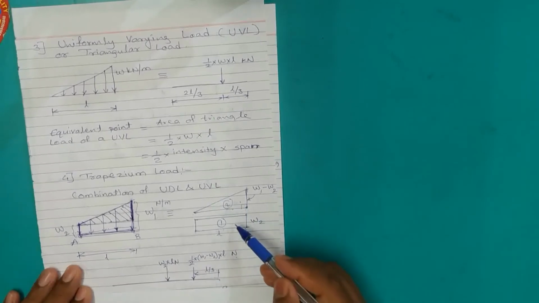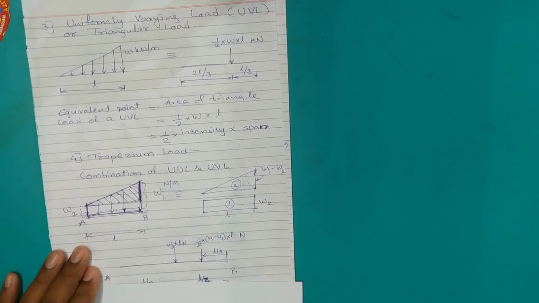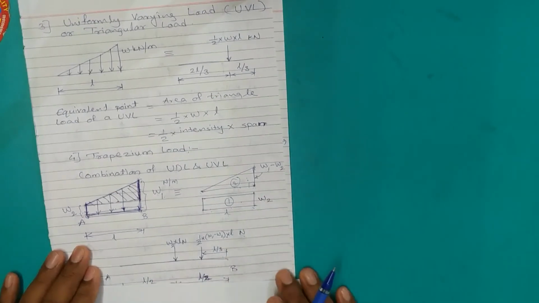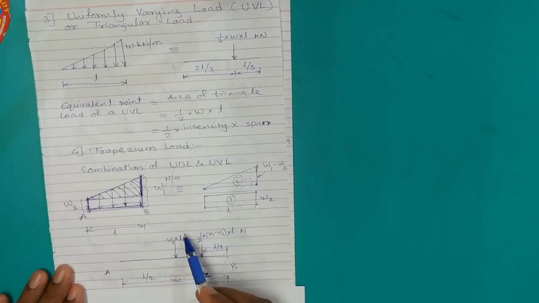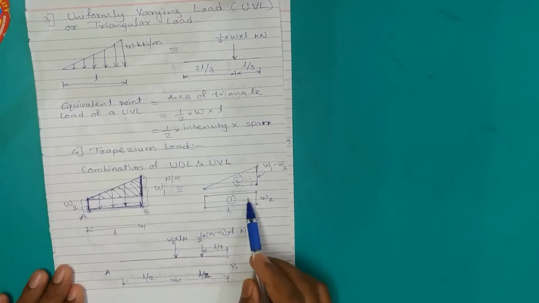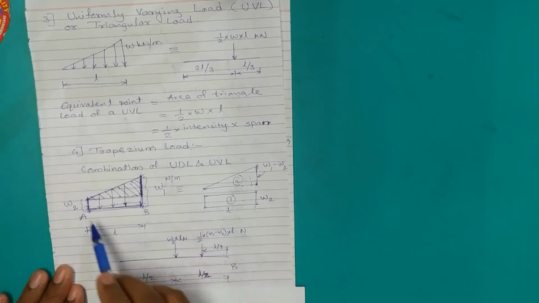So now we have to convert both into their corresponding equivalent point loads, and we have already discussed how to convert it. The rectangular uniformly distributed load has to be converted into its point load by calculating area of the rectangle, which is W2 into L, and it should be located exactly on the midpoint of the length AB.